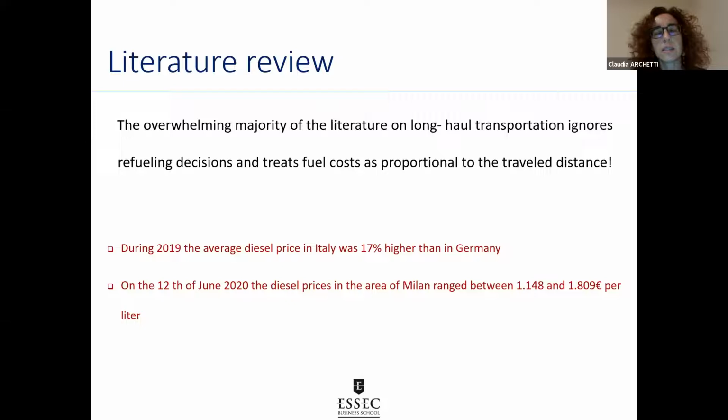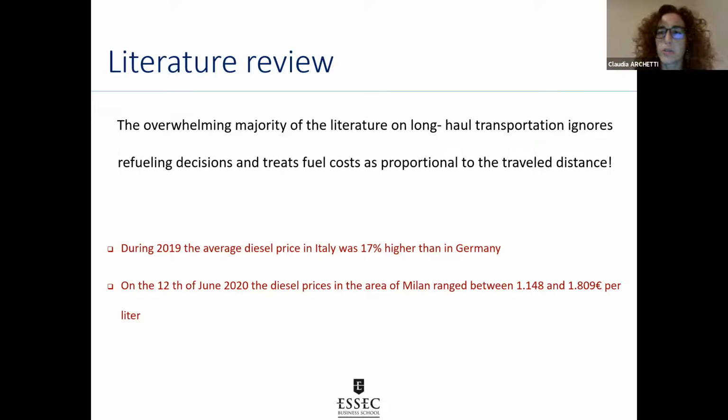So the majority of the literature does not take into account refueling decisions, and they just assume that the fuel cost is proportional to the distance. And as I was mentioning, this is not true. This might be considered true just for short distance transportation, where you don't have to refuel during the trip.